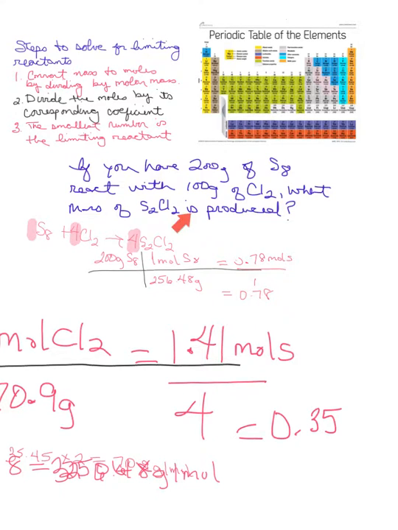We have to know which one is our limiting reactant, because if we want to know how much product we're going to make, we can only make as much as our limiting reactant. So I'm not going to have to work both of these problems out. Now is when I bring in my stoichiometry again, and my given number I'm going to use is the grams of the chlorine from the problem.